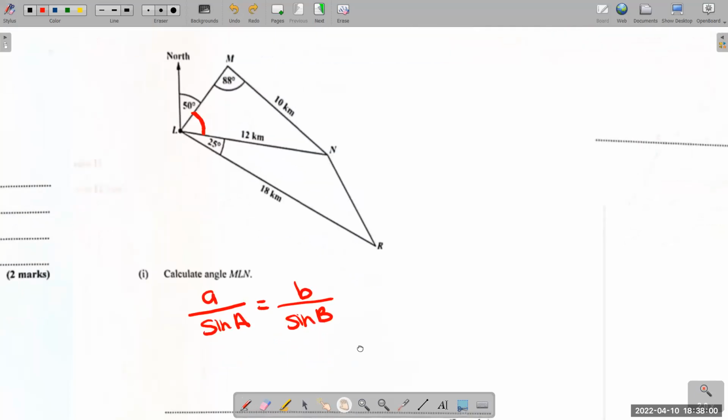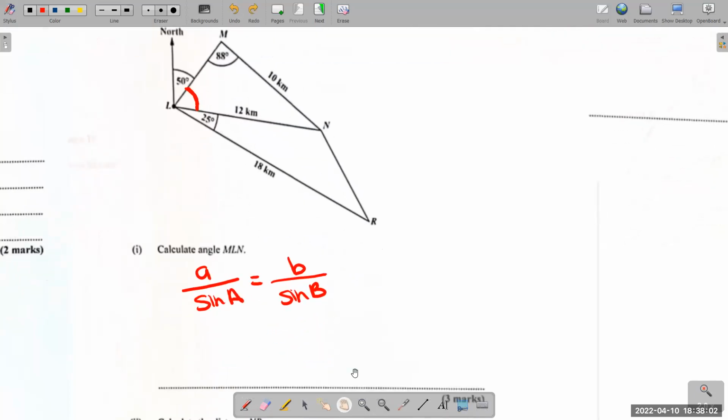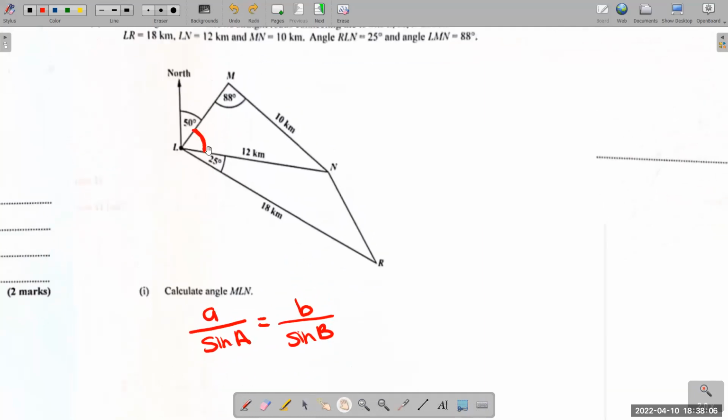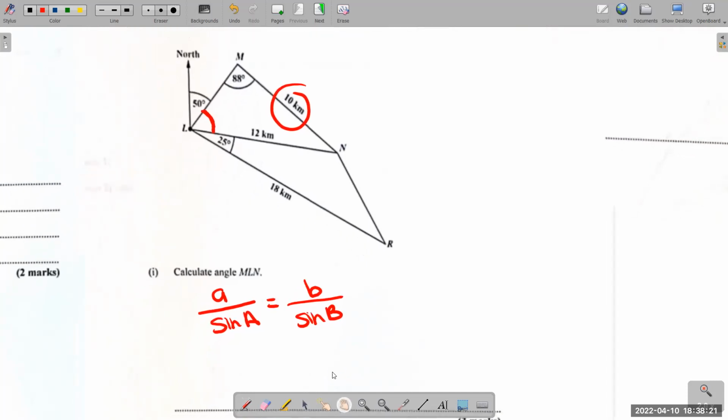So from here, all you have to do is substitute. We want this angle, but we have to make sure we have a side that matches it. Do we have it? Yes, we do. So we have 3 out of the 4. You realize there are 4 things here, and you have 3 of the 4, which means you can find the missing one. What should I write? It's always the side over sine of the angle.